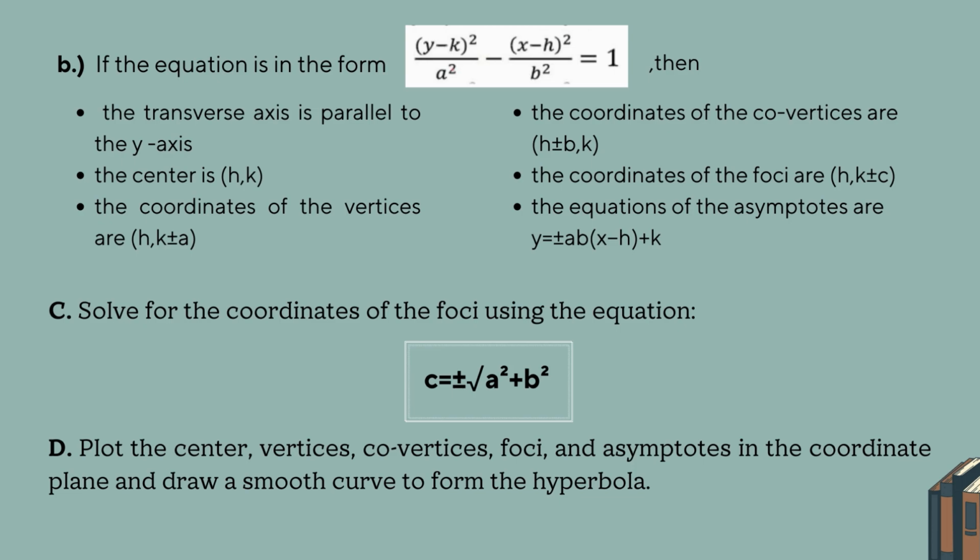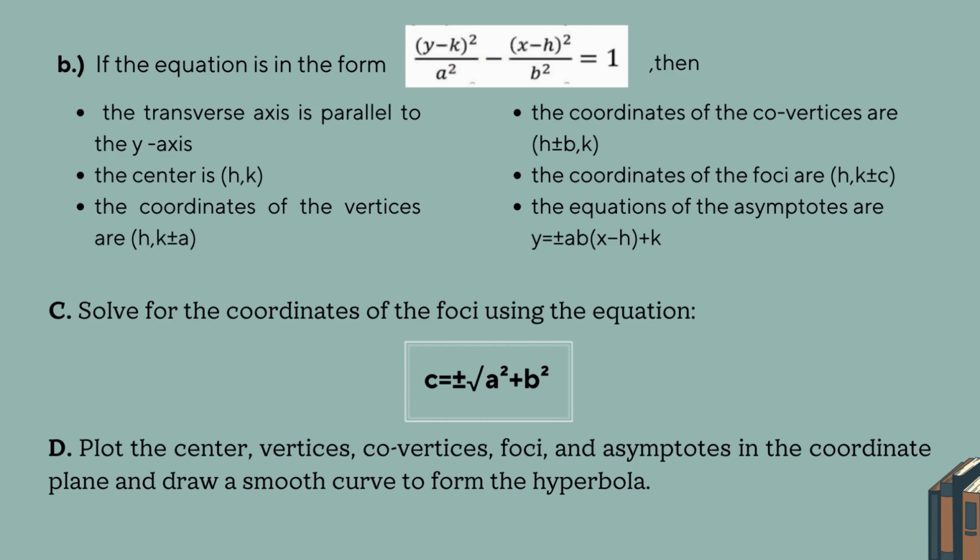The coordinates of the vertices are (h, k ± a). The coordinates of the co-vertices are (h ± b, k). The coordinates of the foci are (h, k ± c). And the equations of the asymptotes are y is equal to ±(a/b)(x - h) + k.